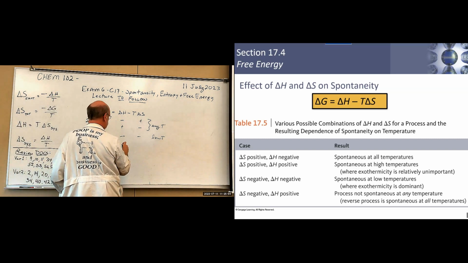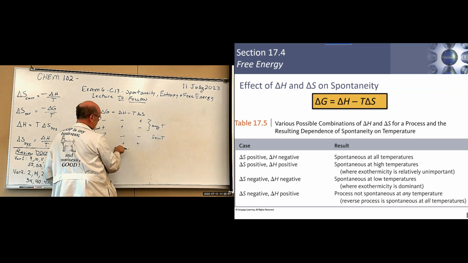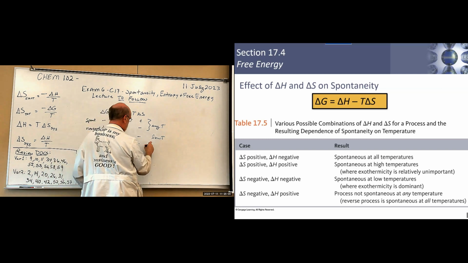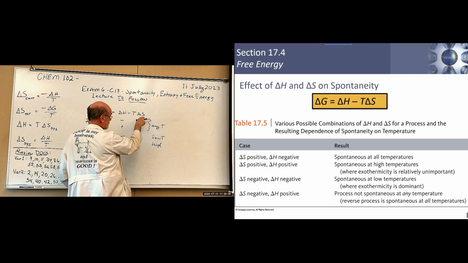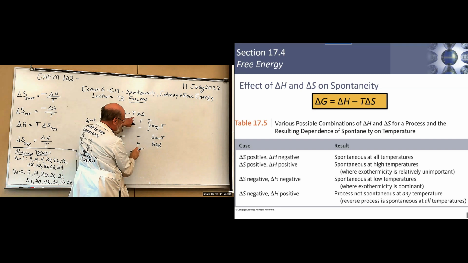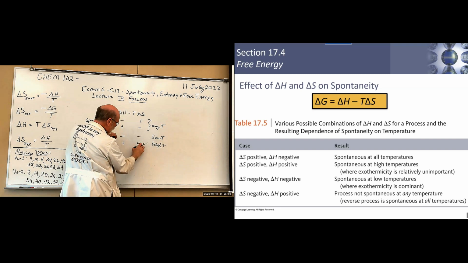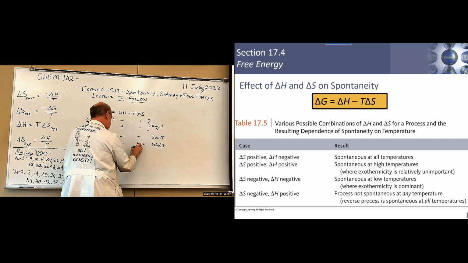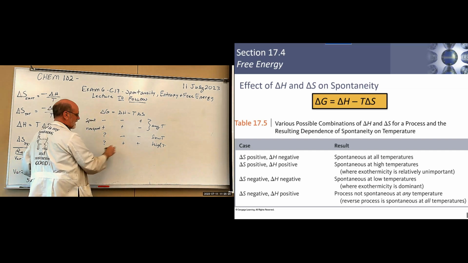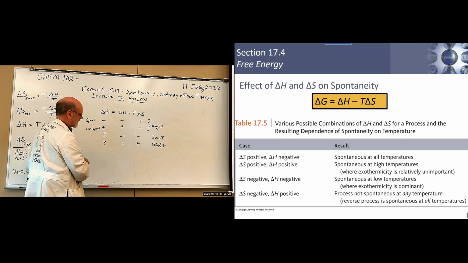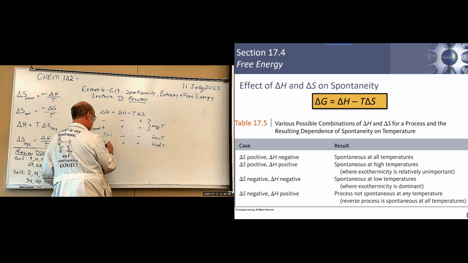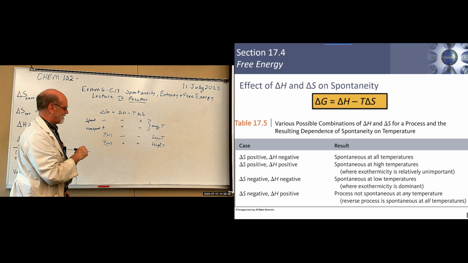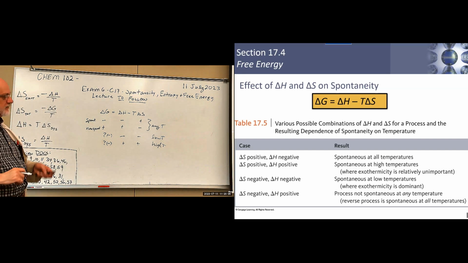And if we went the other direction, if we have both positives, then this one would have to be high temperature, because this is a positive, but it's got a negative value, and this one's a positive, then the high temperature would mean that this term would be sufficiently negative to make this one negative and spontaneous at high temperature. Okay, so at low temperature, this would be negative, and at high temperature, this arrangement would be negative. Okay, that's what that chart says.